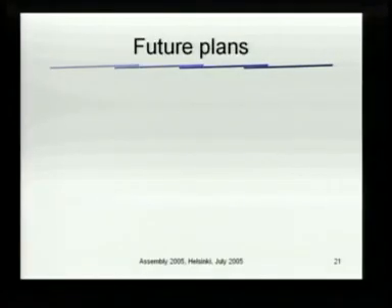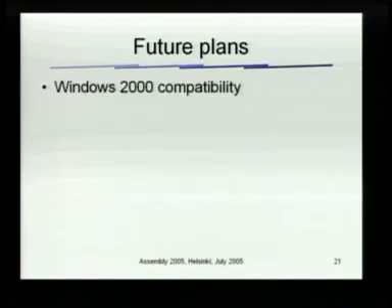And the last thing is just a few words about how we intend to continue this project. At the moment, the files produced by Crinkler do not run on Windows 2000, and that is because we have our own import code, which means we don't need any imports at all in the executable file. But for some reason, the Windows 2000 loader requires that there is at least one function imported.